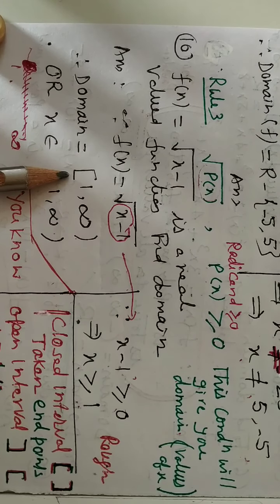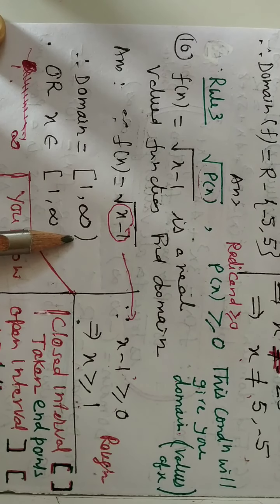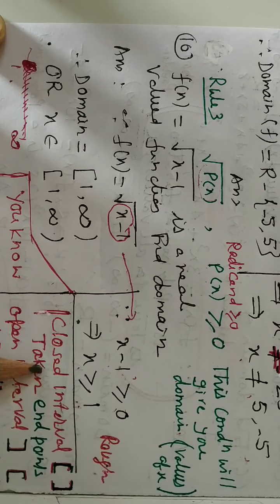So the domain is equal to starting from 1 and ending at infinity. Closed interval, once more recall your memory: taken the end points closed, not taken the end points open interval.